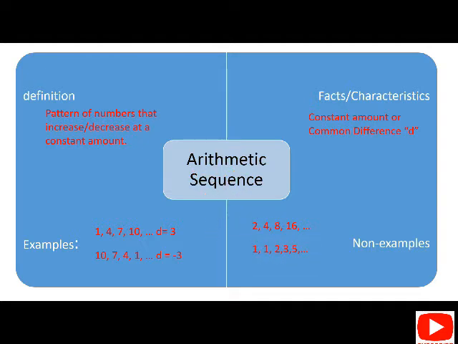And this is also a non-example because 1 minus 1 is 0, 2 minus 1 is 1, 3 minus 2 is 1, 5 minus 3 is 2. The differences are not the same or not common, therefore this is a non-example of arithmetic sequence.